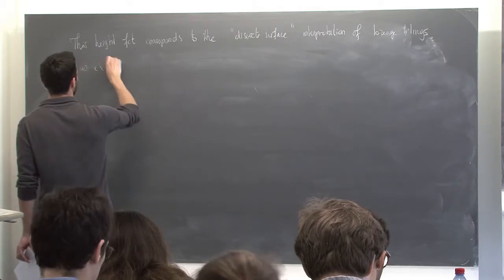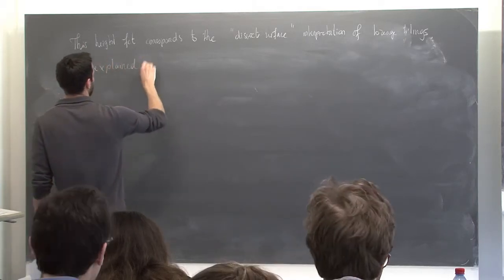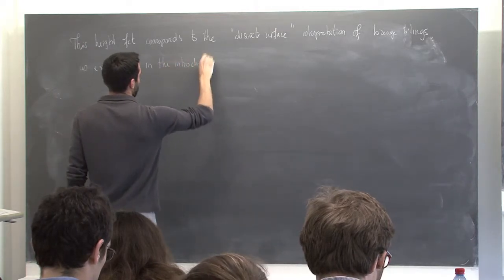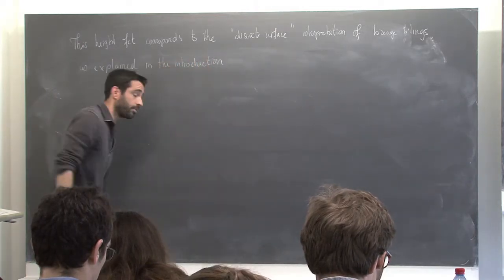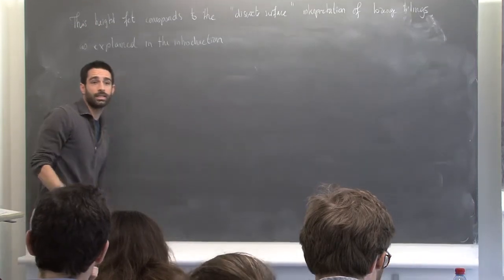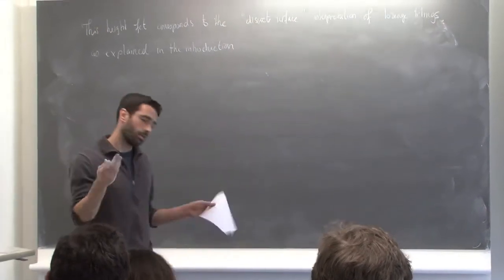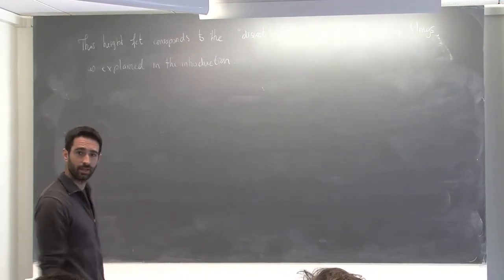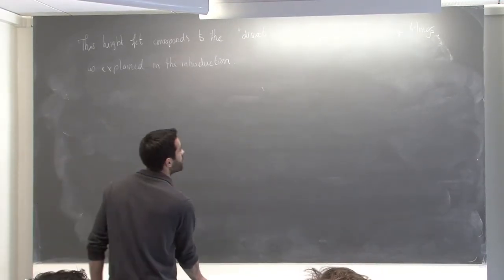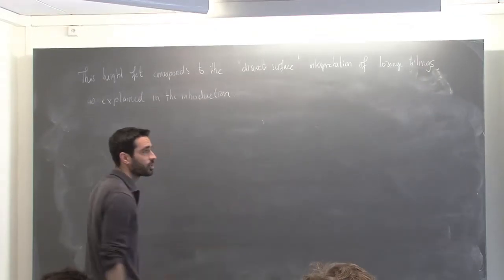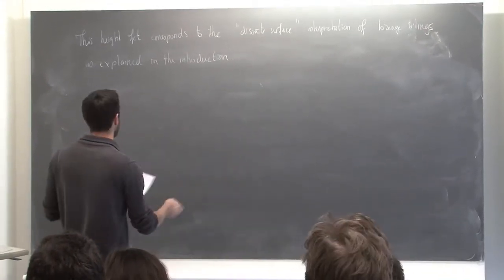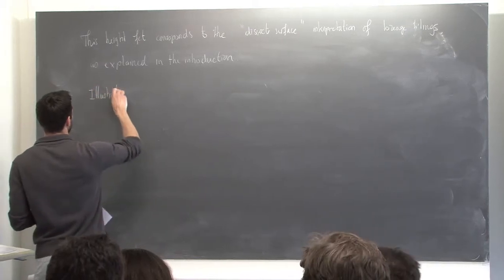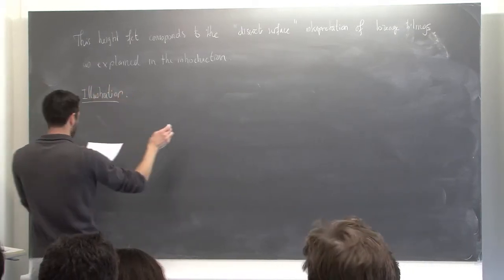I don't know if you remember, in the very first class I had said that if you look at dimers on the hexagonal lattice, it corresponds to rhombic or lozenge tilings, and you can see this as a random discrete surface, and this is now the geometric explanation. So maybe I'm just going to make one illustration.